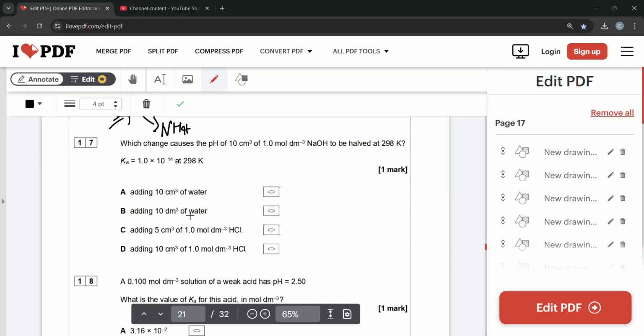Which change causes the pH of that NaOH to be halved at 290 Kelvin? It says D, adding 10 centimeters cubed of that much HCl. Because obviously Kw is the ionic product of water, H+ times OH-. And if we're adding 10 centimeters cubed of HCl, what we're increasing is the H+ concentration.